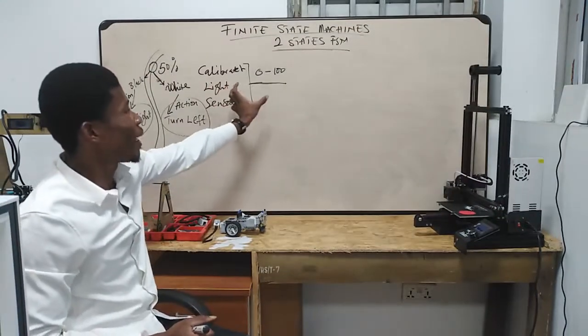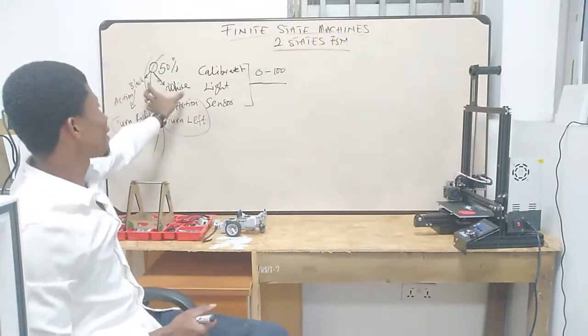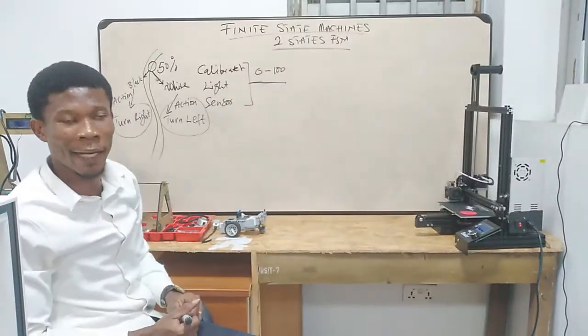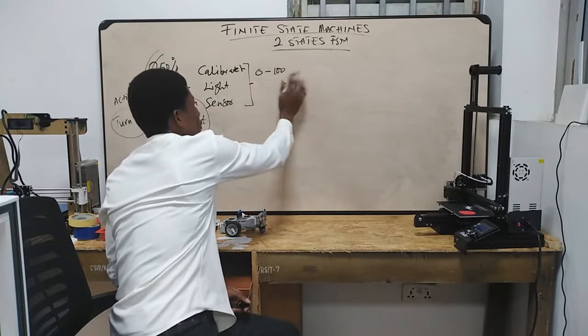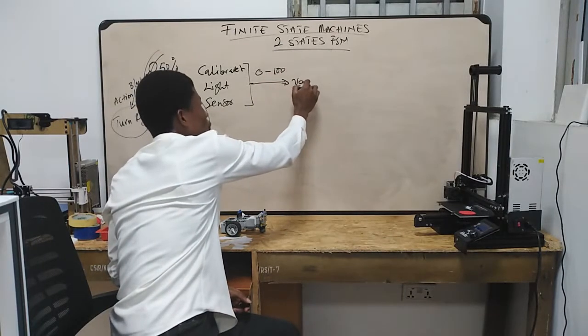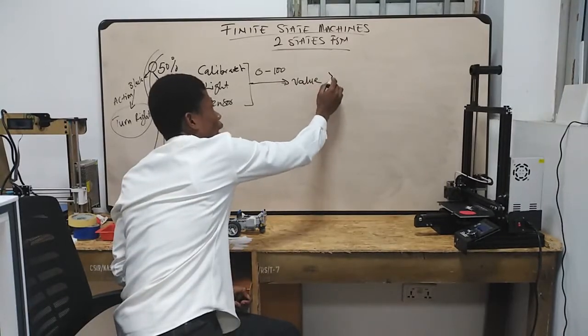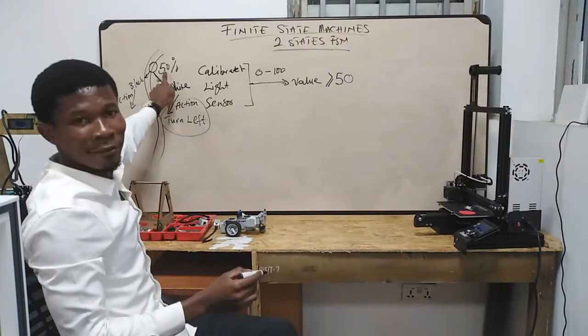We have to come up with a mathematical model, a mathematical equation that can implement this decision of veering into white or veering into black. So can we say that the value that comes out of the light sensor is compared to see whether it is greater than or equal to the midpoint value 50?